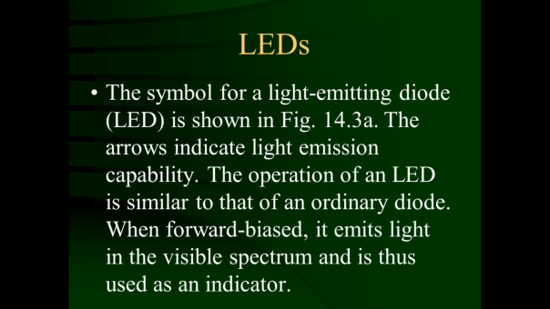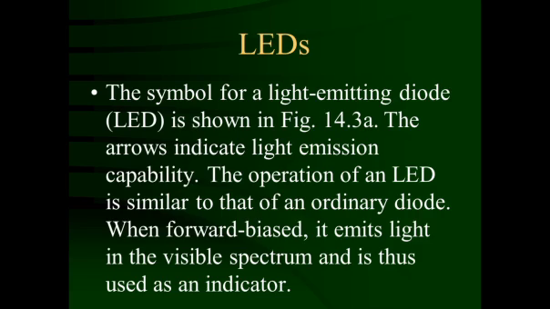The second device we are going to study is an LED, which is nothing but a light emitting diode. What is the difference between a normal diode and a light emitting diode? In a normal diode, current flows when it is forward bias, but it does not emit any kind of light.